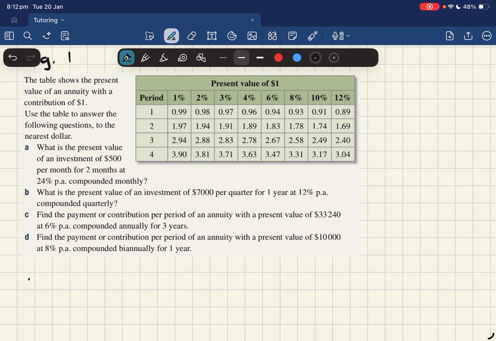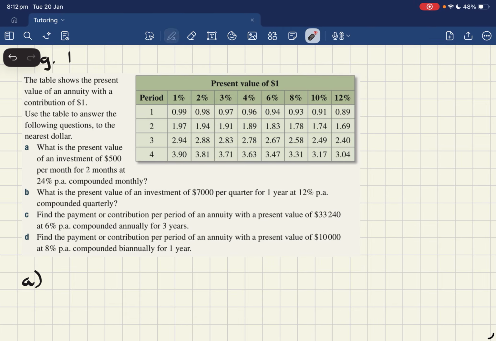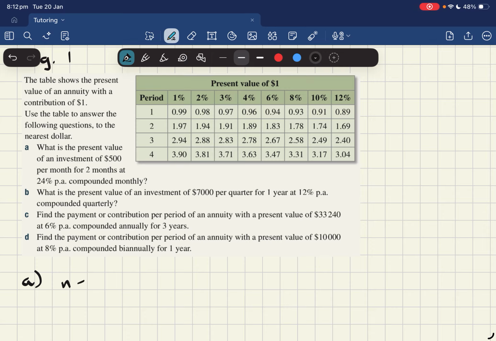Now, part A, it's saying, what is the present value of an investment of $500 per month for 2 months at 24% per annum, compounded monthly? So we have a period of 2 because it's told us that we have 2 months. So our N equals 2 and our rate equals, because this is monthly, 24% divided by 12, which gives us 2%.